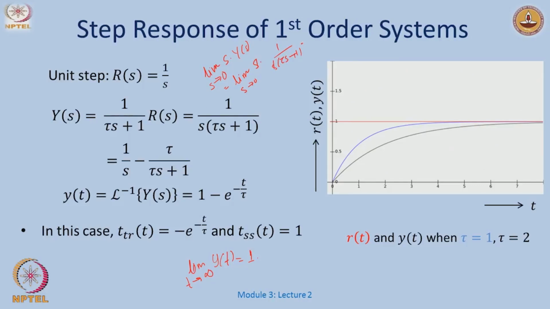These terms vanish and I am just left with 1. That also agrees with what I get here, and the system is stable. So I have a transient term I can see very explicitly, and a steady state term which is actually non-zero. In the previous case, the entire response was just going to 0.